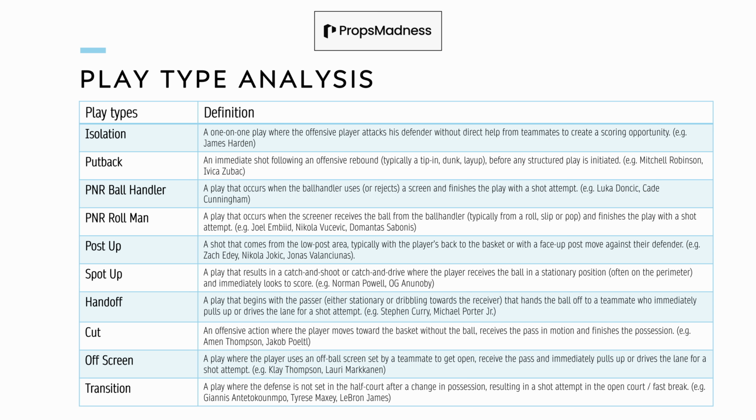But without further ado, let's take a look at all the different play types and go through each one and some examples. So first off, we have isolation here. And isolation is basically a one-on-one play where the offensive player attacks his defender without direct help from teammates to create a scoring opportunity. So an example of a player who probably has a high frequency of isolation plays is someone like James Harden.